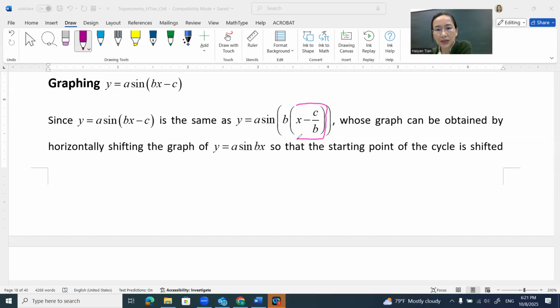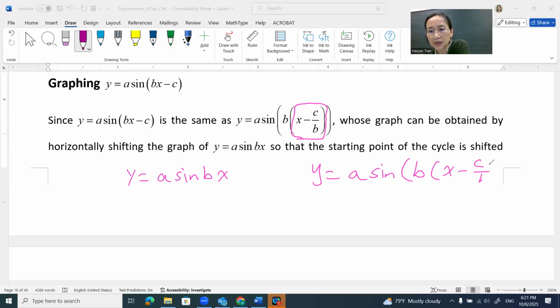You see, when we compare this with a sine bx, this one is a sine b times x minus c over b. We already know the two pictures differ by a horizontal shift of this many units.